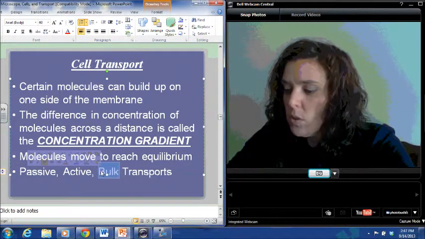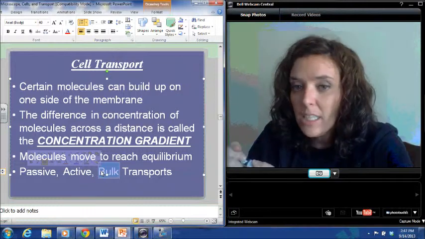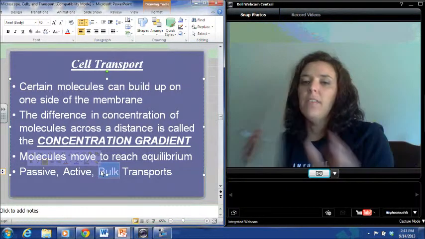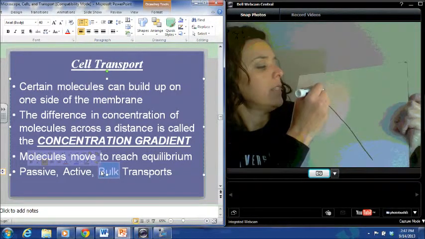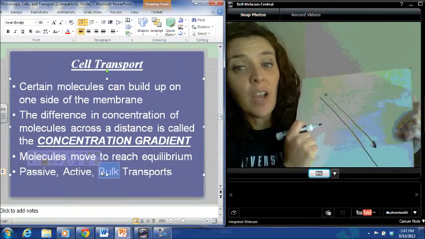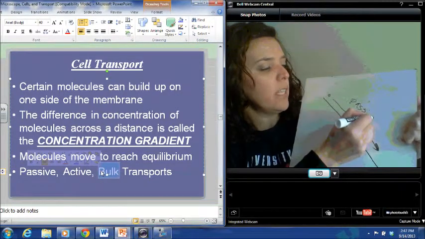And here's just a really simple diagram to show you the difference between passive and active. So let's say we have this ramp. If you have stuff up here and it's going downhill, that does not require energy, so it would be passive transport.